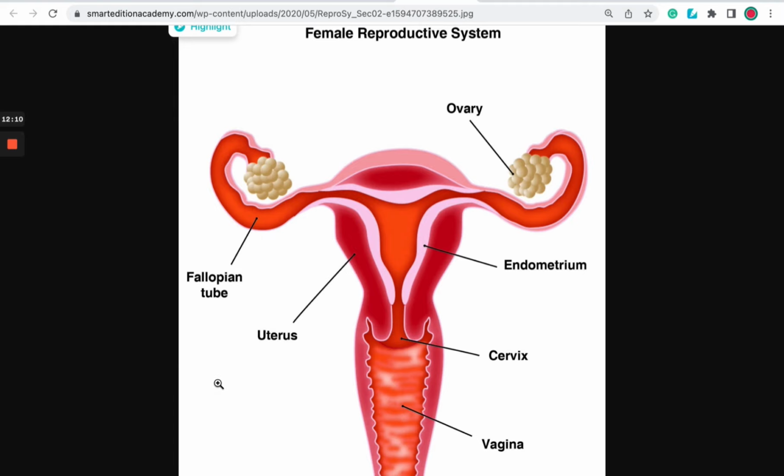So if we look at this diagram here, the vulva is only composed of external components, which is not seen here, but includes the labia majora and minora, the clitoris, and the vaginal opening. And then your cervix, which is right here, is the opening of the uterus, and it is what connects the uterus to the vagina.